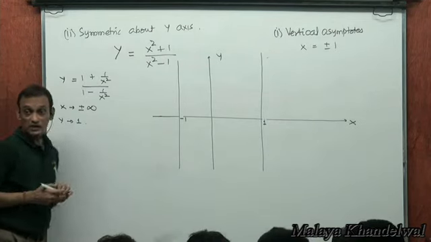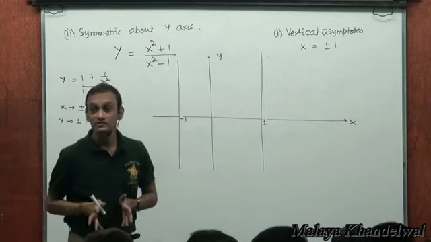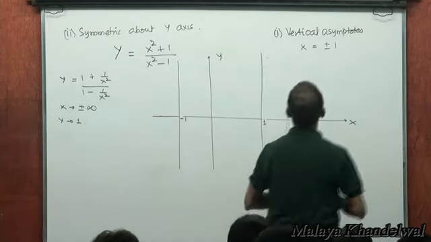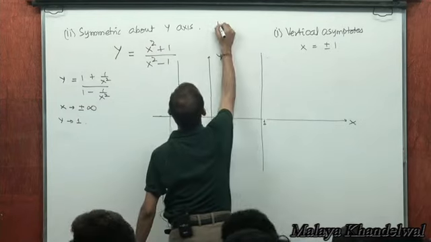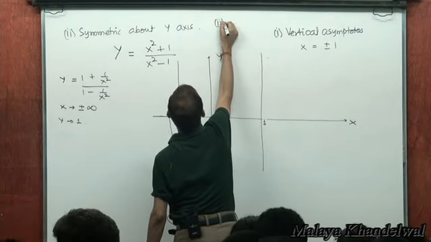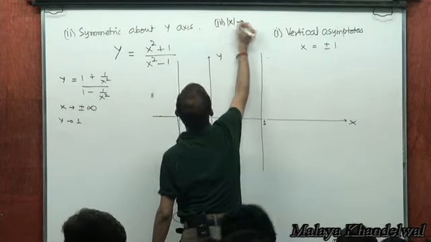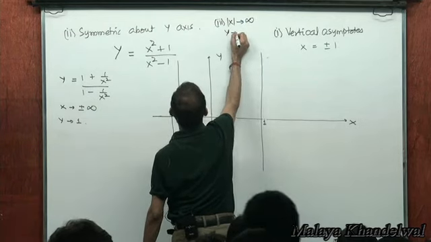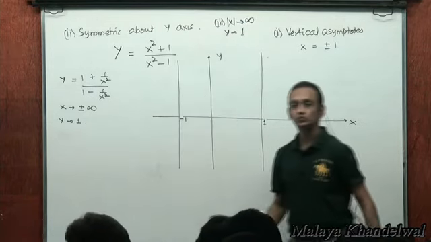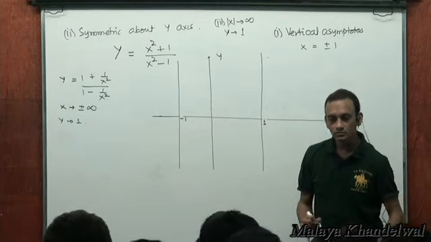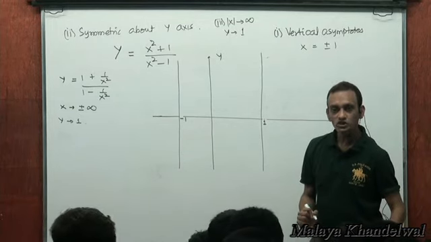Right? Let me just state that somewhere. As mod x tends to infinity, y tends to 1. That's evident from here? Yes or no?